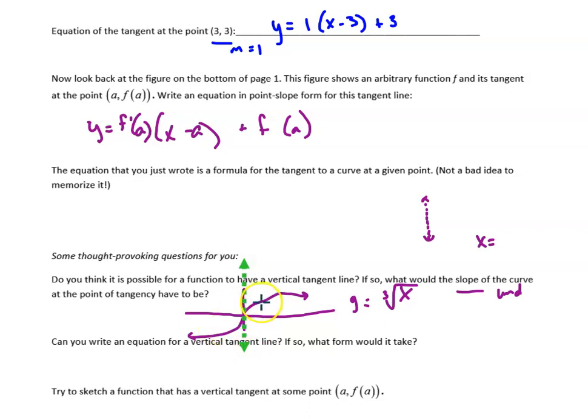Well, this function does not have 2 points with the same x value. At the origin, the curve goes momentarily and ever so briefly vertical, so the tangent line is vertical, but the function is still a function. The equation of that vertical tangent line would have to be in the form x equals, and in this case, it'll be x equals 0. I've just sketched the function and the tangent line for you right here.